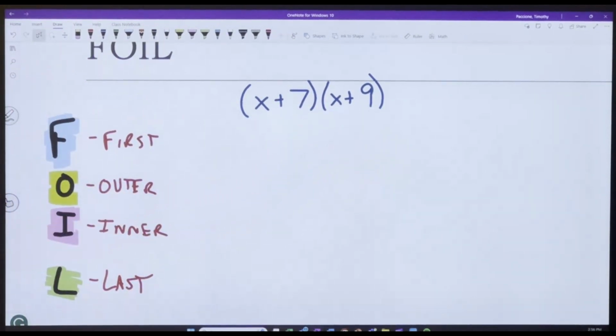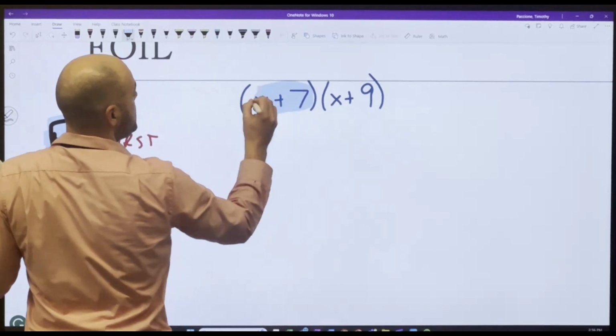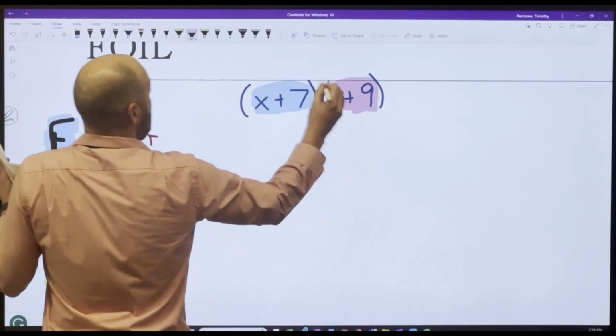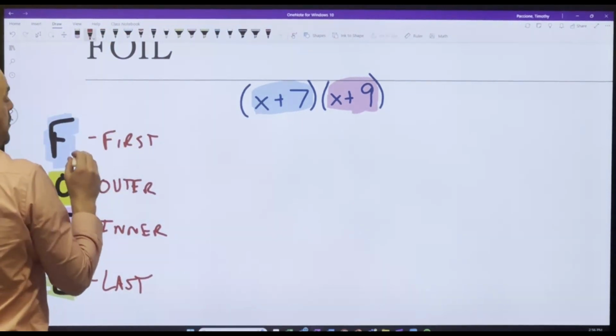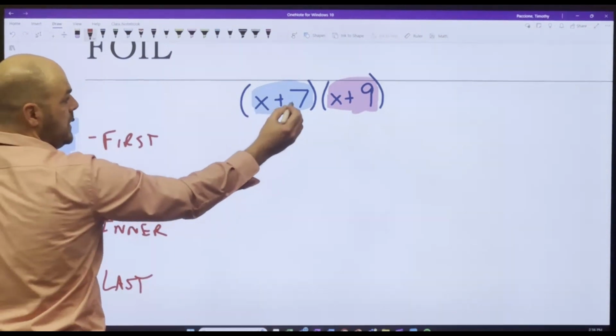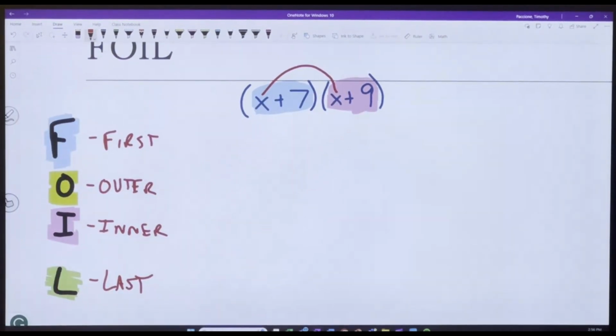So you end up with 4 different multiplications, and FOIL helps you cover all of them, right? And you just go in order. So first would be the first in each one. So this is your first, and this is your first. These two right here. And I see a lot of students write that curve I just did every single time to help them. So x and x. What is x times x? X squared.